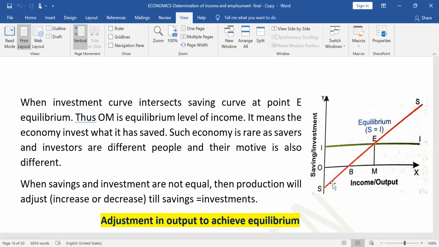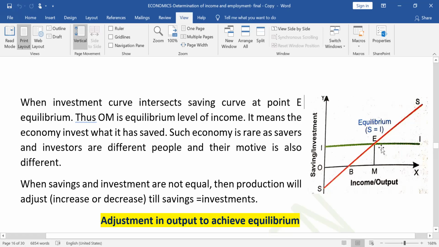So whenever consumption expenditure is more than income, there is dissaving. This area represents this dissaving. And the saving curve is upward sloping because as income increases, saving also increases.